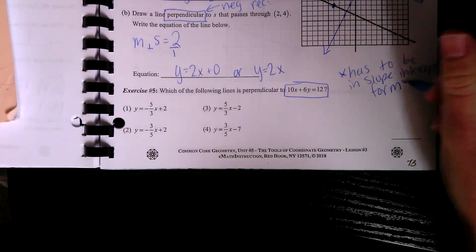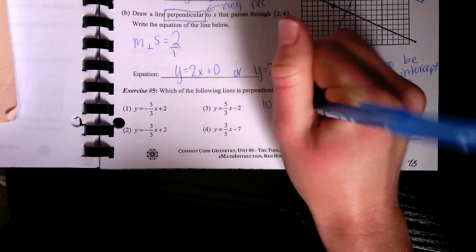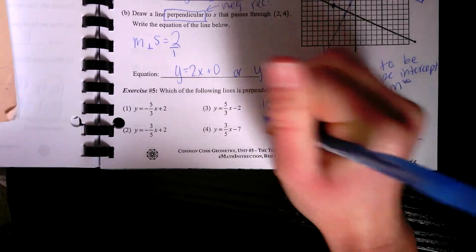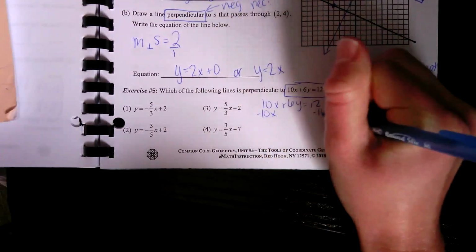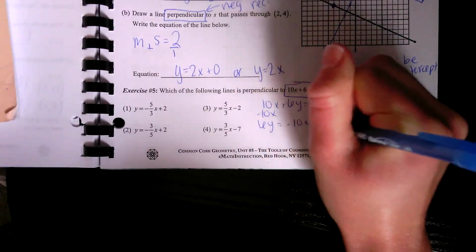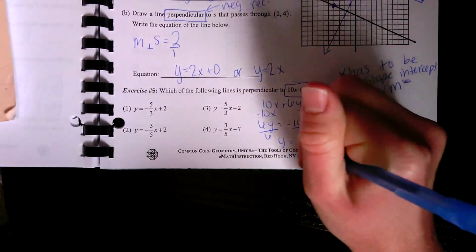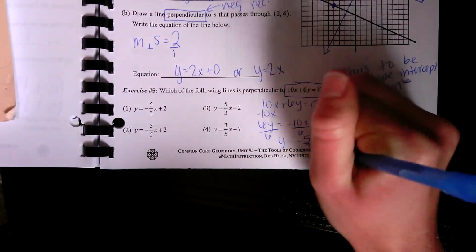Okay. So let's solve for y. So we have 6y is equal to negative 10x plus 12. So we have y is equal to negative 5/3x plus 2.